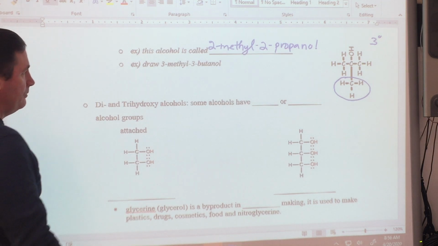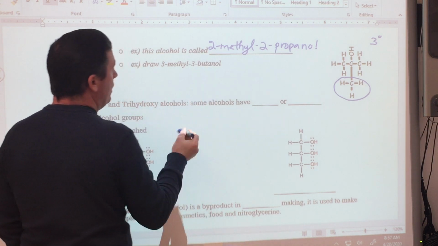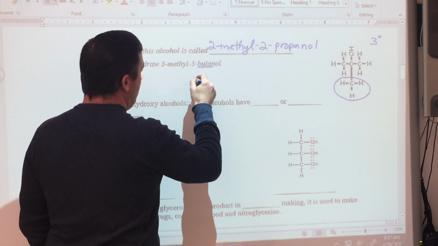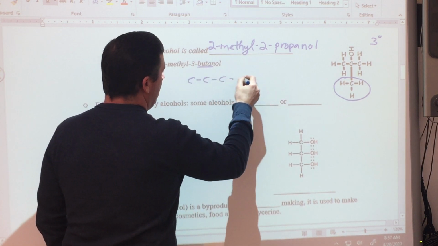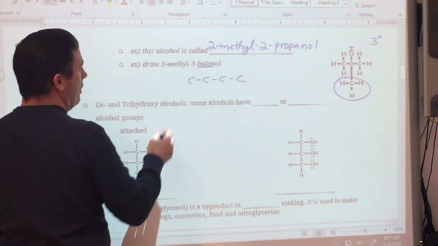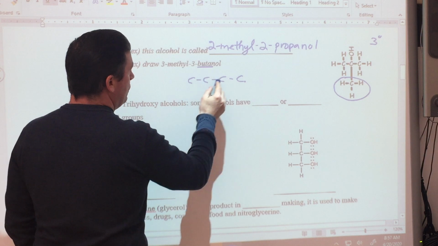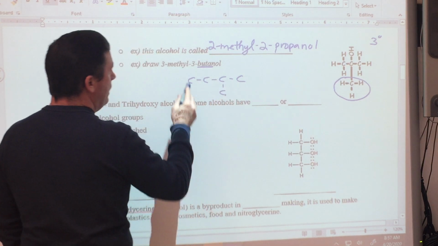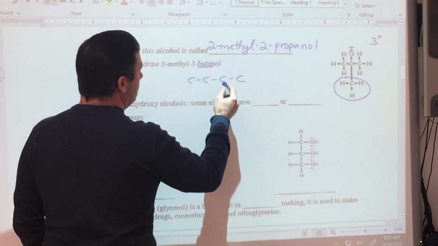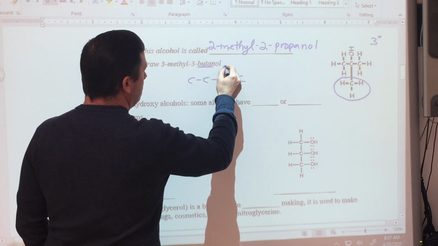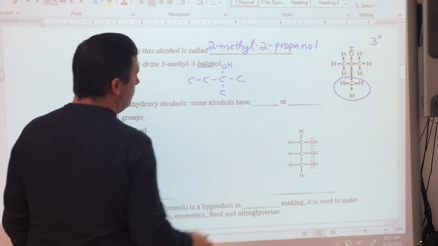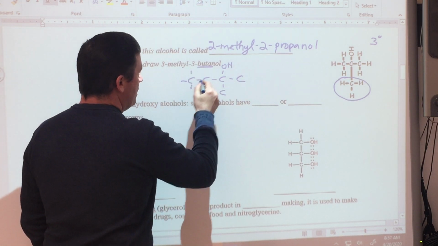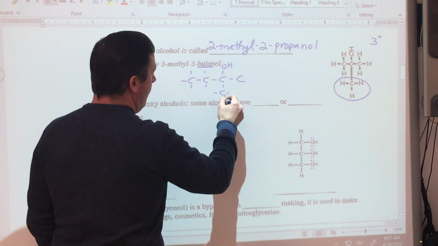Okay? Draw 3-methyl-3-butanol. Well, butan means 4: 1, 2, 3, and 4. 3-methyl: 1, 2, 3. And 3-OL. And if you're really paying attention, you can see that this is named incorrectly.